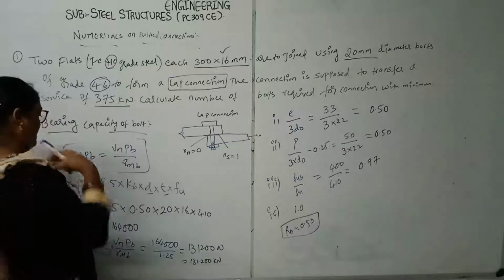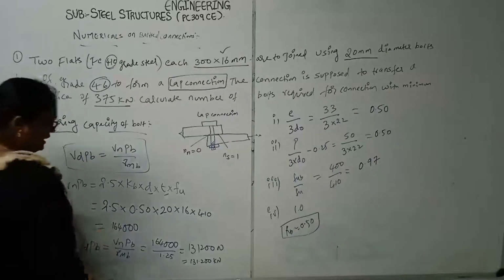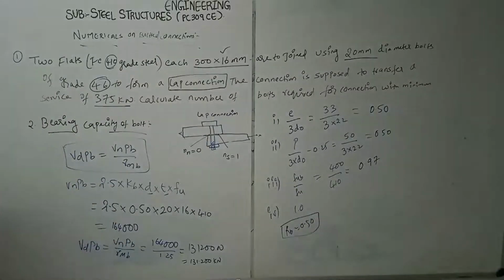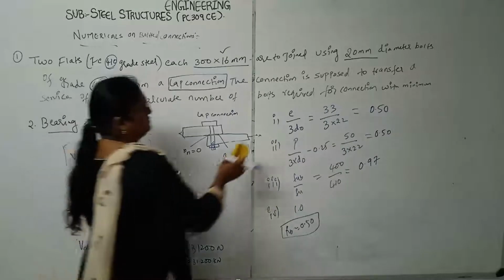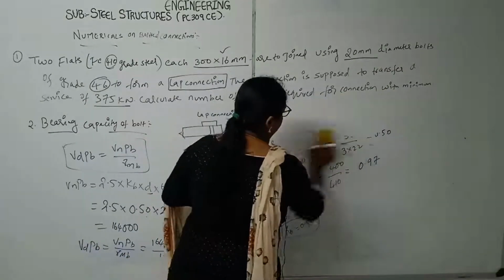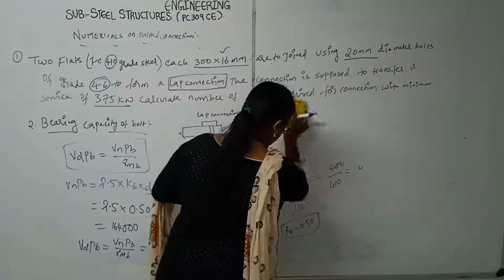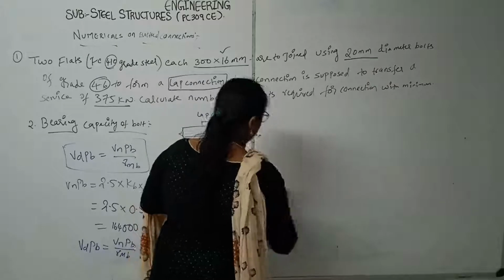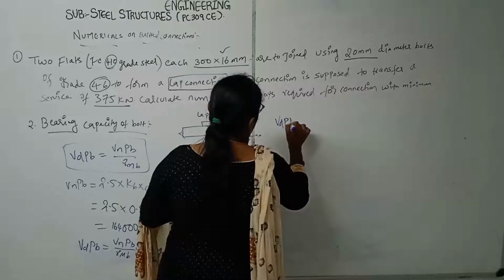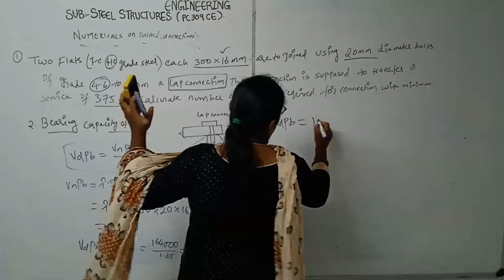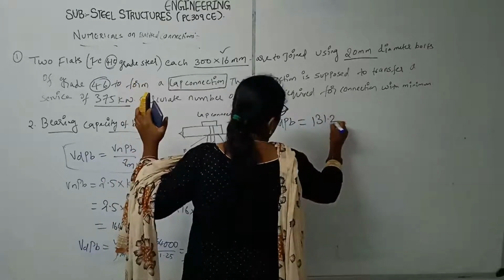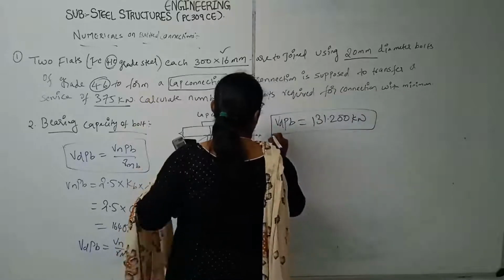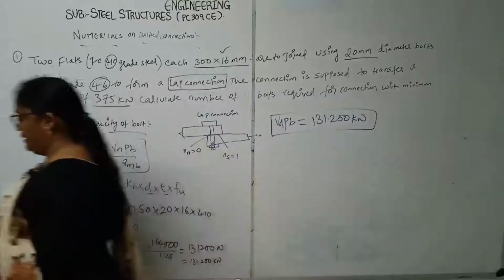So how much will you get here? So VDPB you got 131.2 kilonewtons.